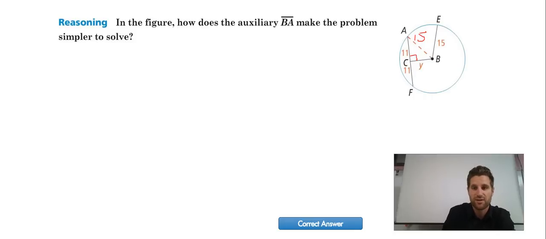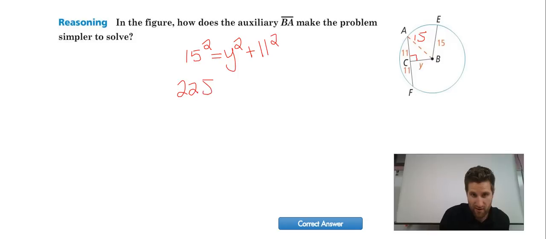So I can solve this by doing 15 squared equals, because that's the hypotenuse, y squared plus 11 squared. And we can go ahead and solve for this. So 15 squared is 225 equals y squared plus 121.